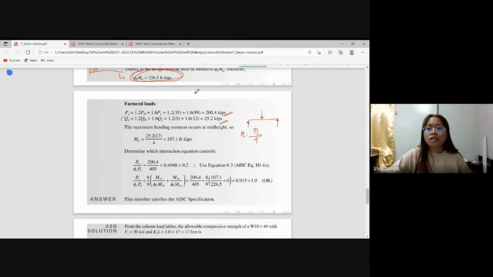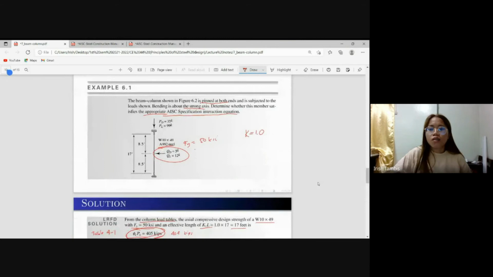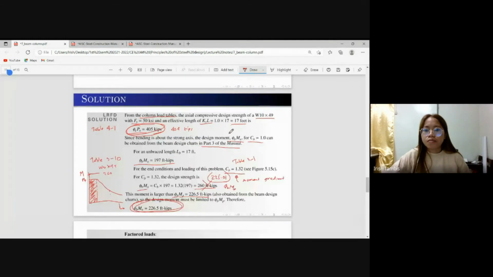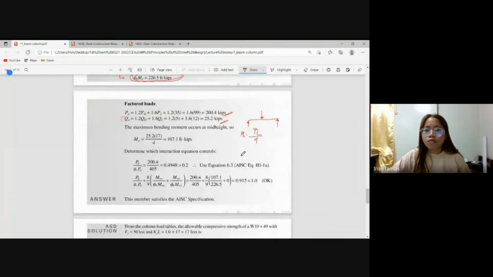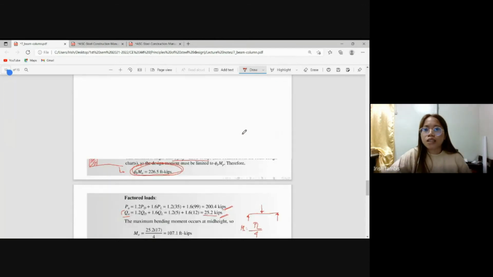So the same with this one, sa kani siya nga figure, you have here the support, then nakay concentrated load at the center, the lateral loads. So this will account for the moment. So for the maximum moment, this lateral load Q_u, which is equal to 25.2, will be used in the maximum bending moment, of course at the mid height.